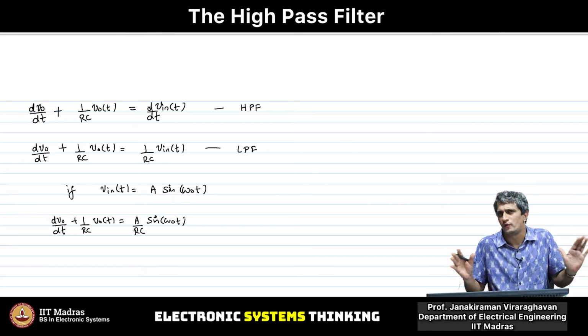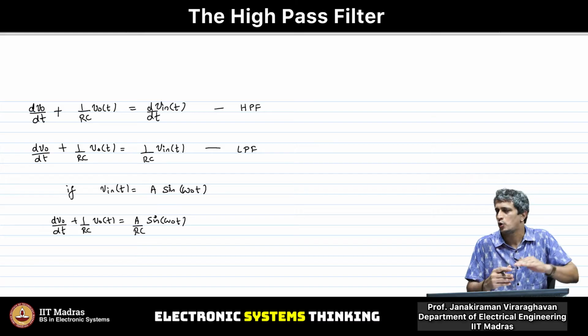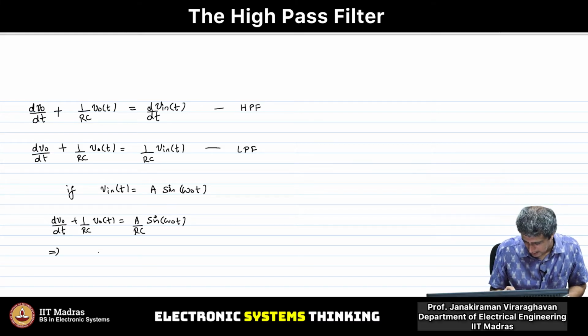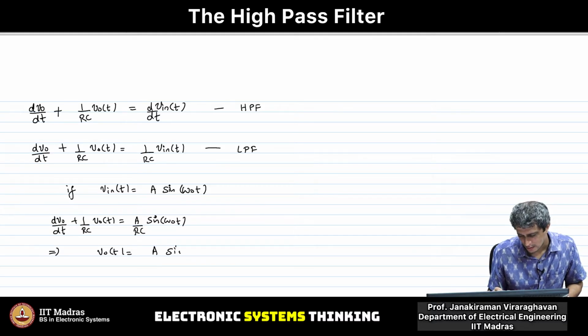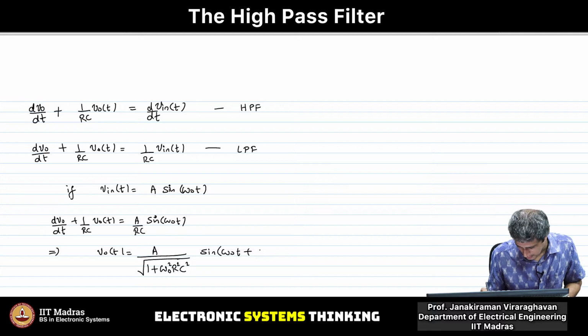And we showed you in the lectures how to solve this differential equation from scratch, using integration by parts and all that, and then we found that V out of t was going to be A by root of 1 plus omega naught squared R squared C squared, into sine omega naught t plus phi, some phase difference, and I believe tan phi was omega naught RC.